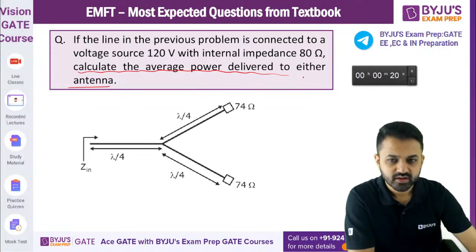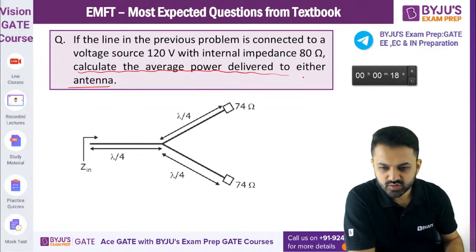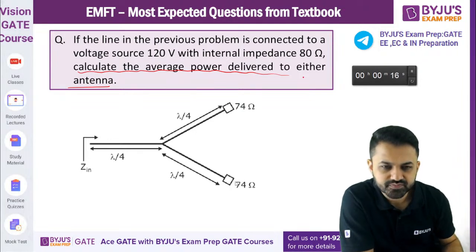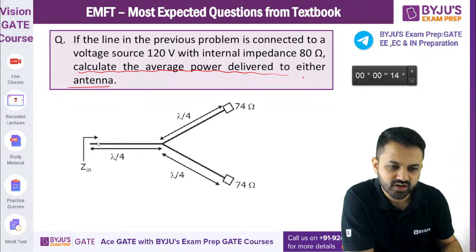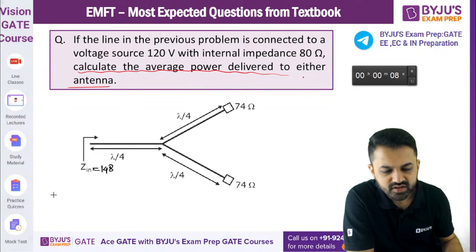Okay, so see, first of all, the input impedance we have calculated. So the input impedance is 148.